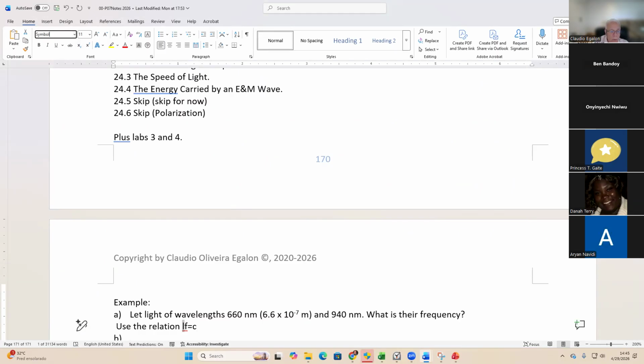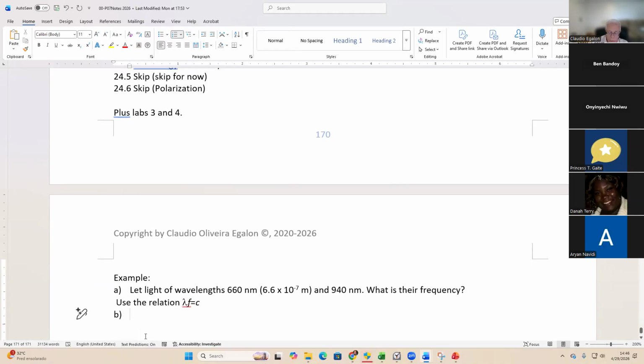Lambda f equal to c. These wavelengths correspond to the red light and infrared light.